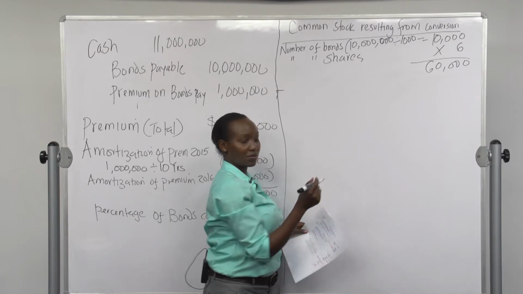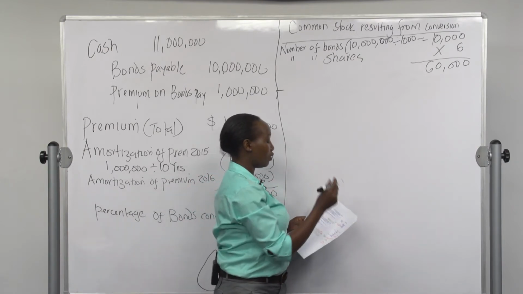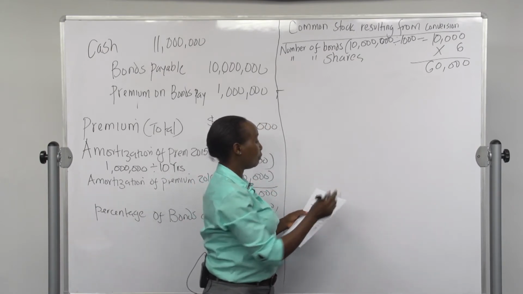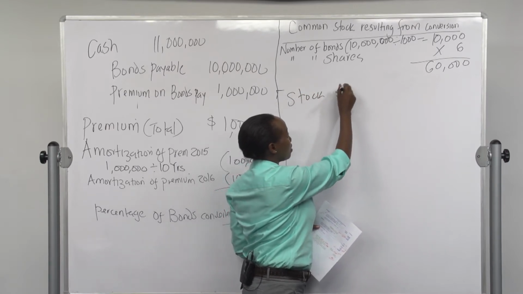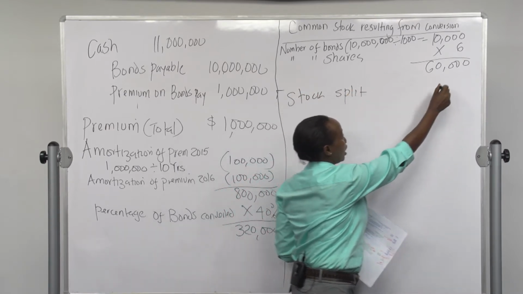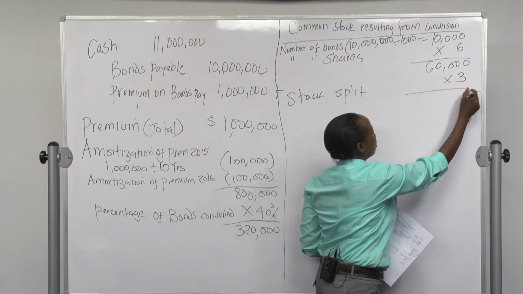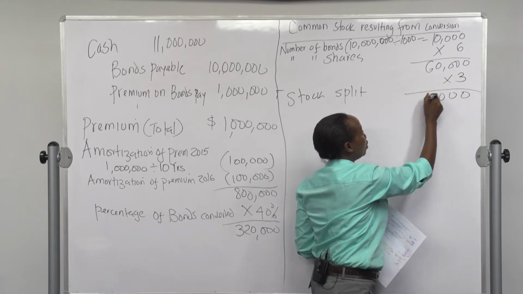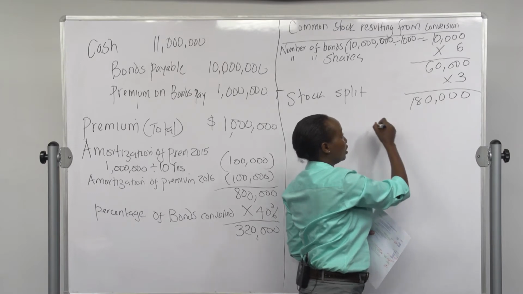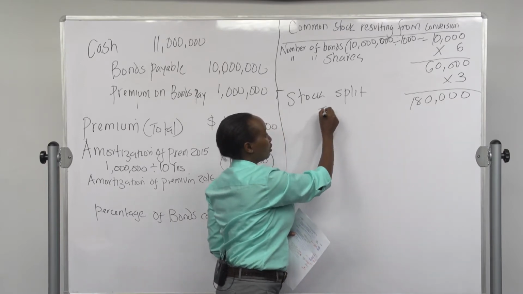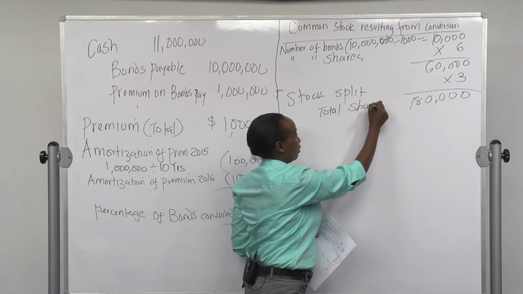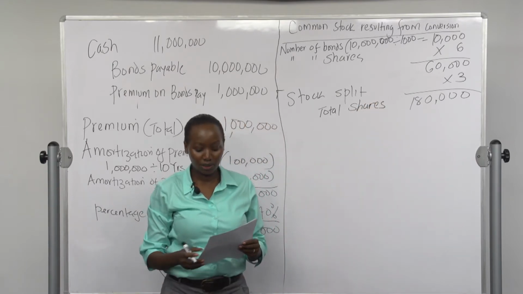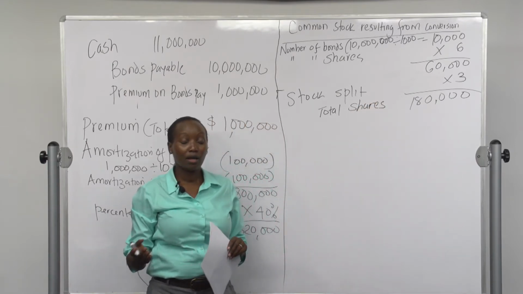So instead of 60,000 shares, we multiply by 3 because of this stock split, and now we are up to 180,000 shares. So the total revised shares after the split is 180,000.